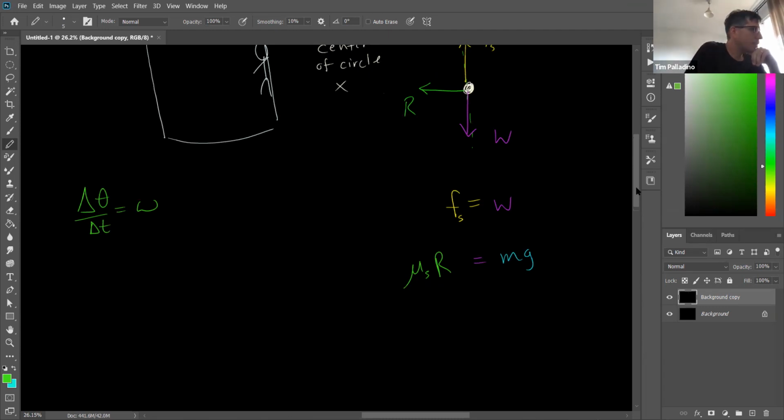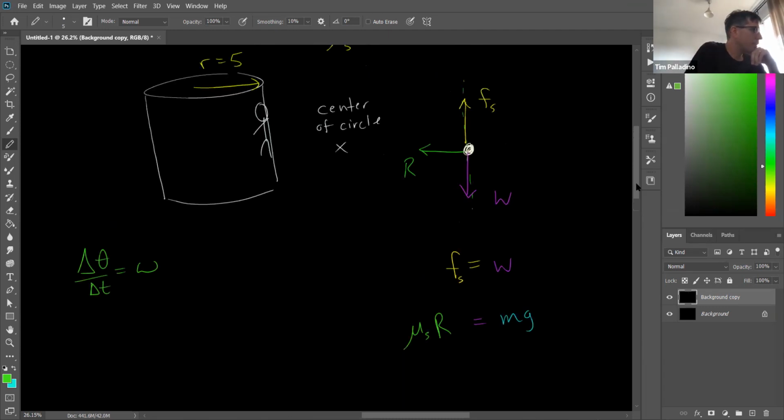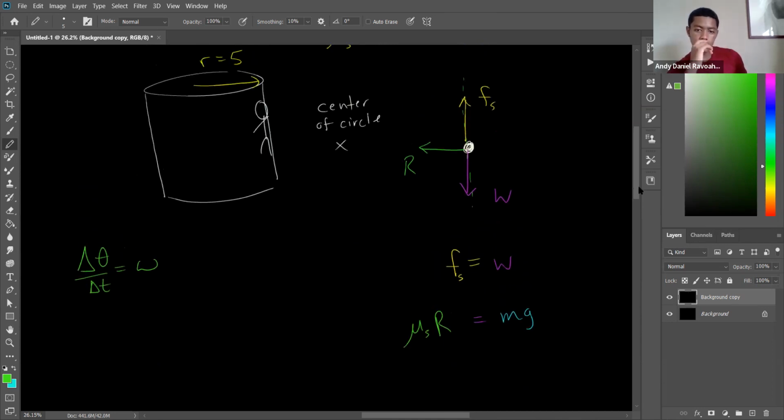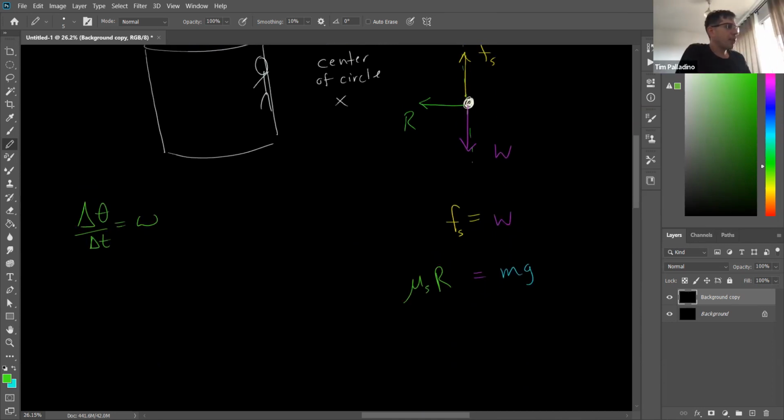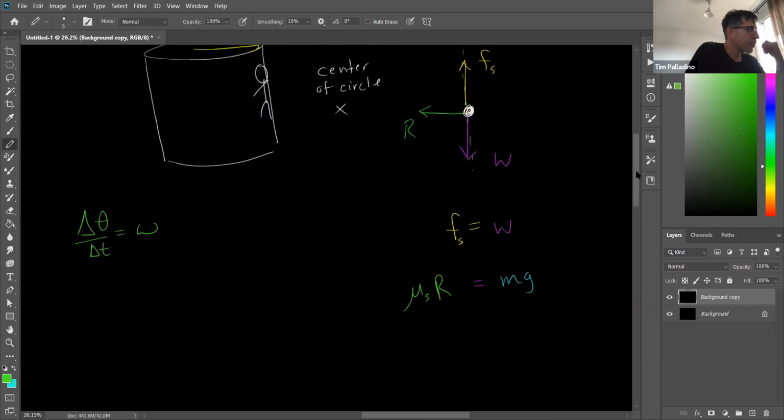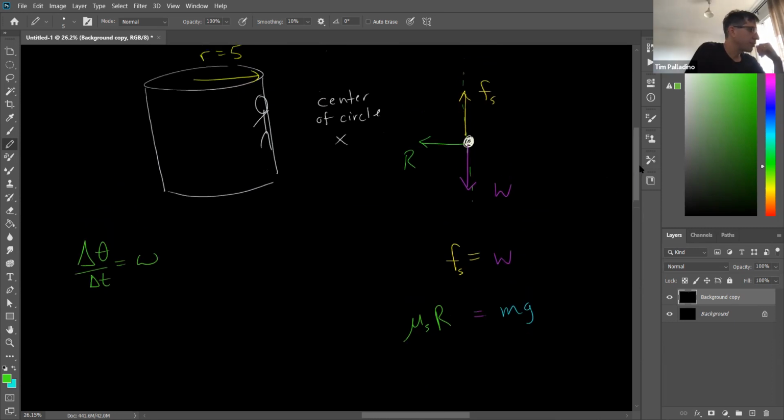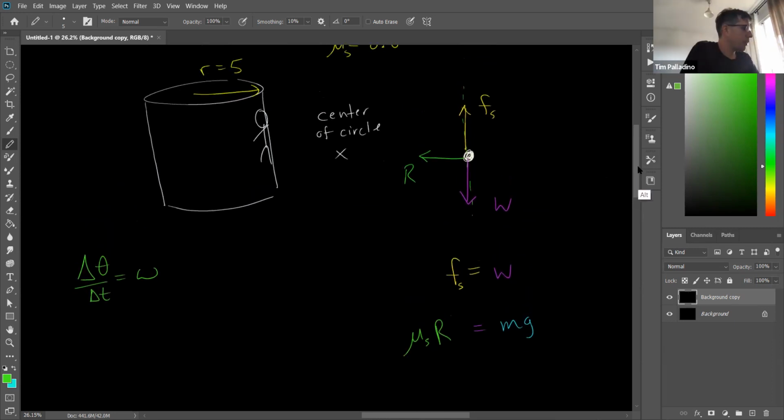In this case, we need the static frictional force to be greater than the weight, or at least equal to. Let me just check one thing quickly.